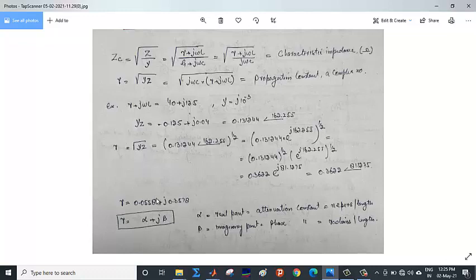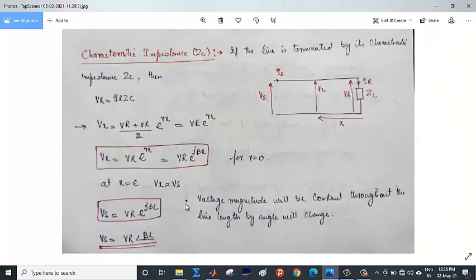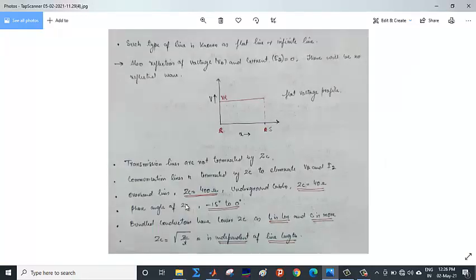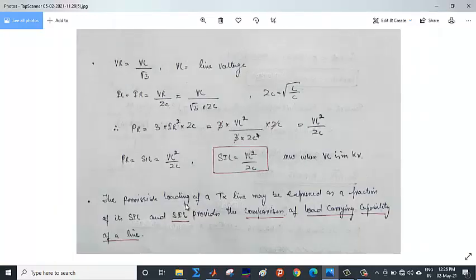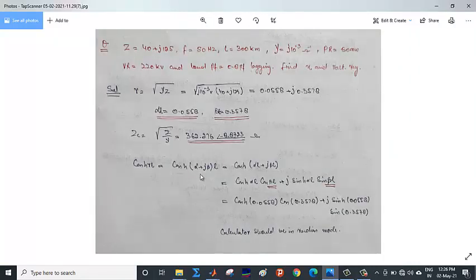That means this term, that is the actual value that we have calculated from the values of the line, is alpha L, and this term is actually beta L. So I hope you understood what is the difference between alpha and alpha L. Now coming back to this, the beta L will be equal to 0.3578.